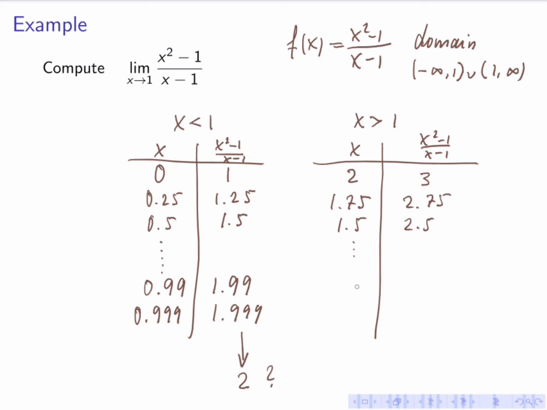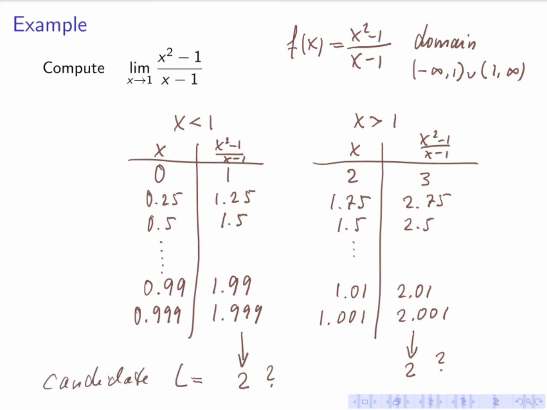So then here I try 1.01 or 1.001. And what do I get? I get 2.01 here, 2.001 here. Very clearly, I approximate the value of 2. Okay, so we have a good candidate that this limit L is actually equal to 2.